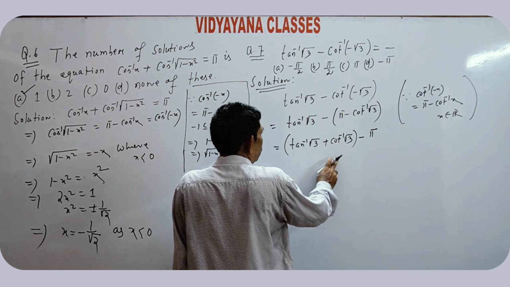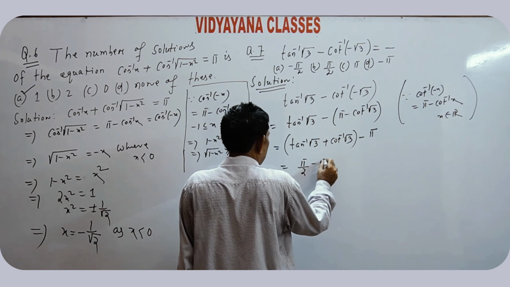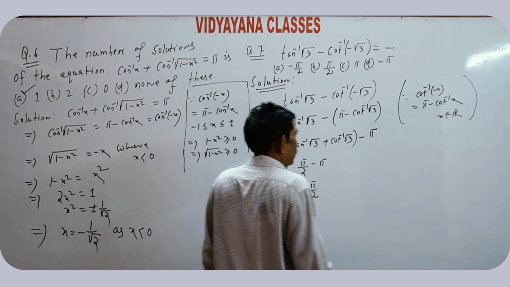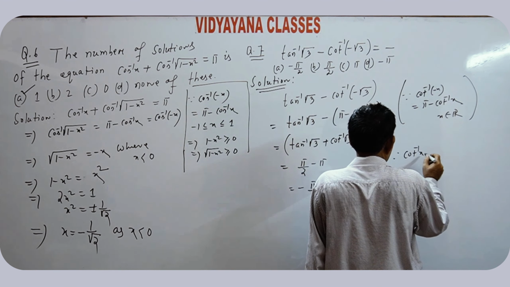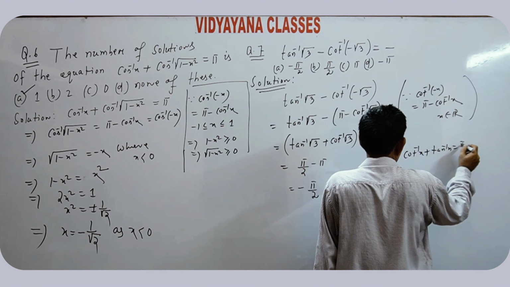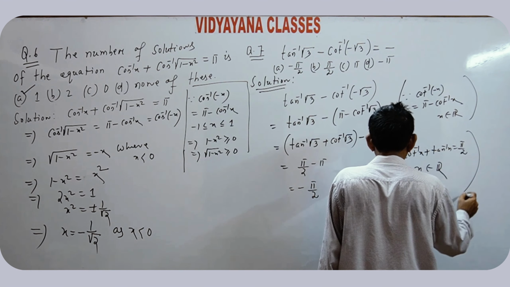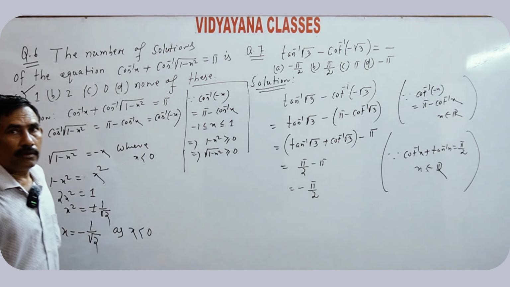Tan inverse root 3 plus cot inverse root 3 is equal to pi by 2 minus pi, which is same as minus pi by 2, since cot inverse x plus tan inverse x is equal to pi by 2, x belongs to set of real numbers. Clear? Easy question. Note down.